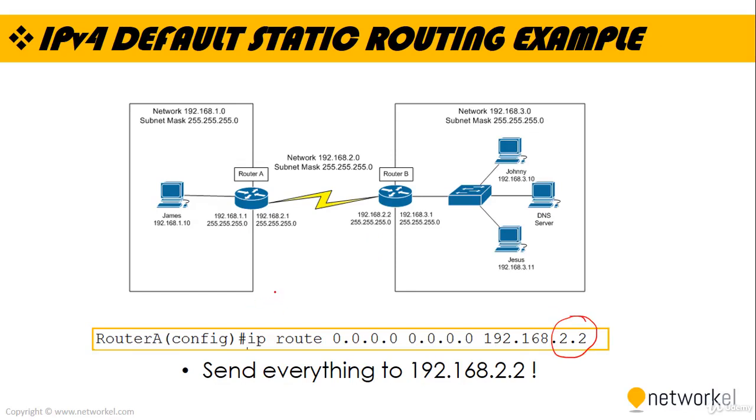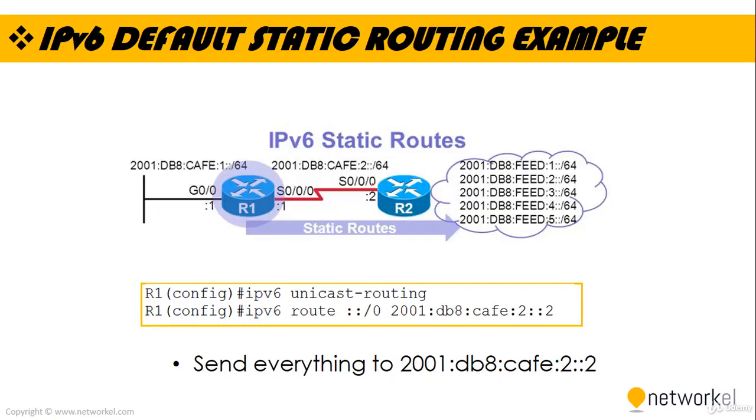What we are saying to router A in here with IP route is, hey router A, send every packet that you reach. This means every packet that reaches router A, send everything to 2.2. So whatever the packet, every packet that comes to router A will be forwarded to the 2.2 IP address.